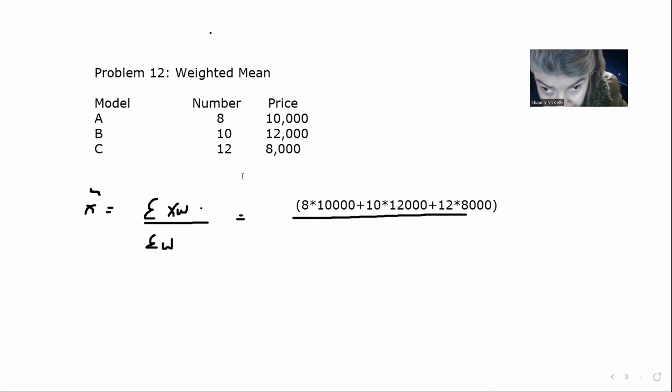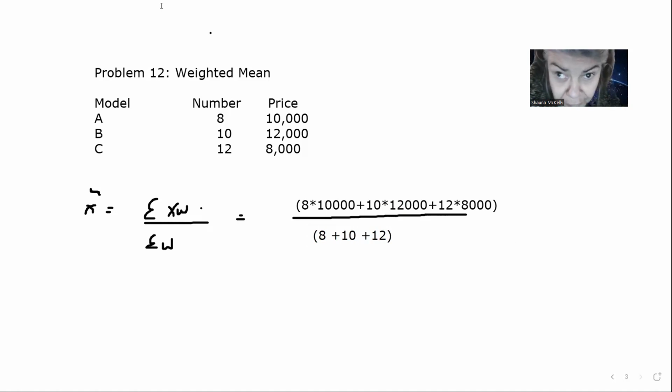And I'm going to divide this by my number. So I have 8 plus 10 plus 12. Okay, so now we're going to do this calculation on the calculator and put in our weighted mean here.